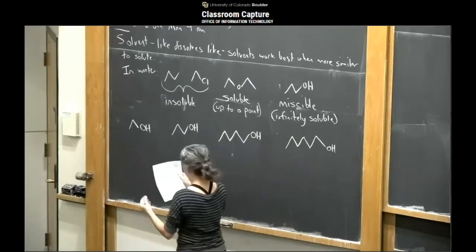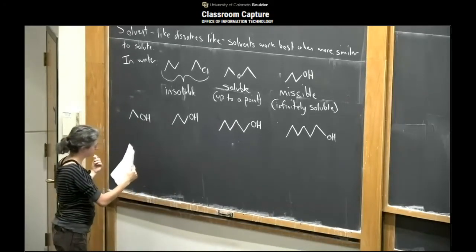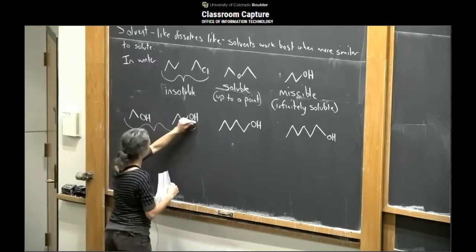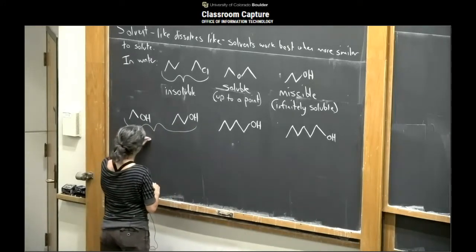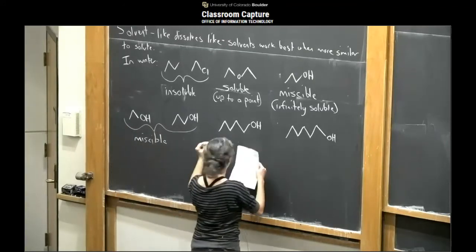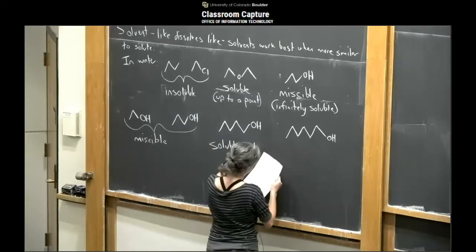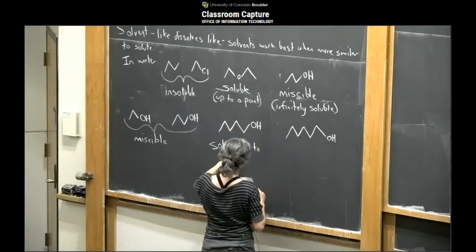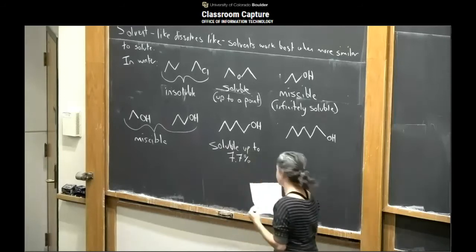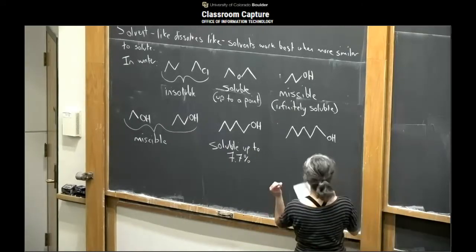We're going to skip 4 just because I got the data for these ones. These two are miscible in water. This one is soluble up to 7.7%. I think this data is for room temperature. Obviously, that's going to change at higher or lower temperatures.